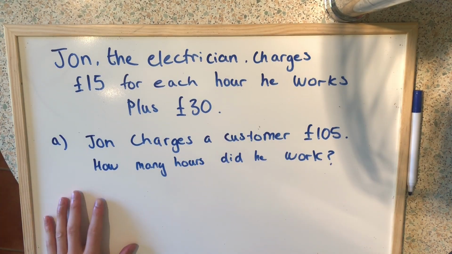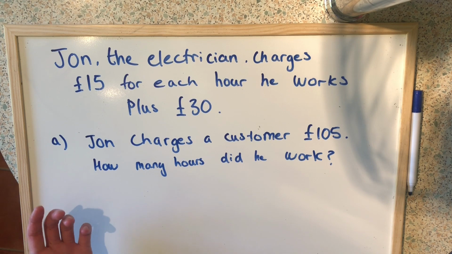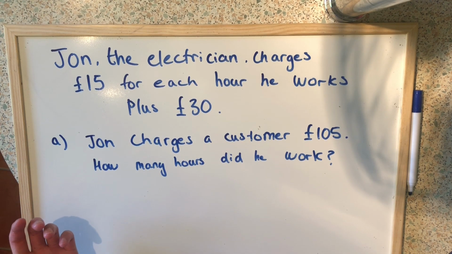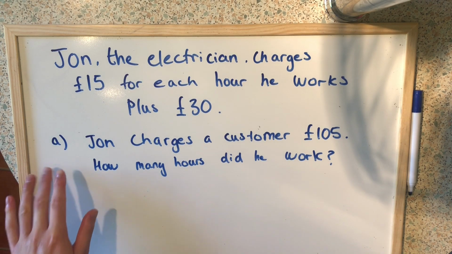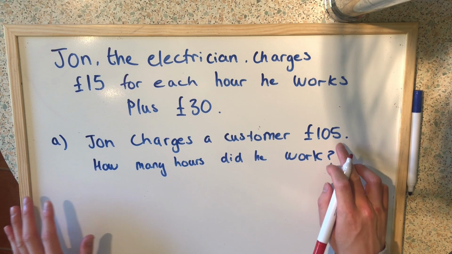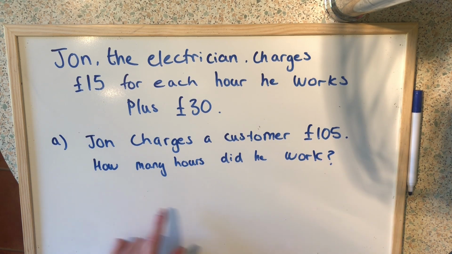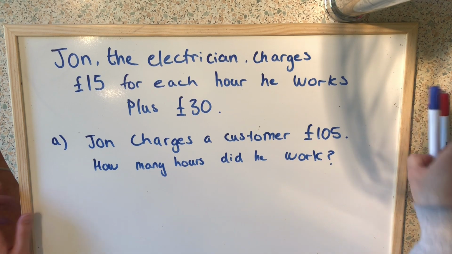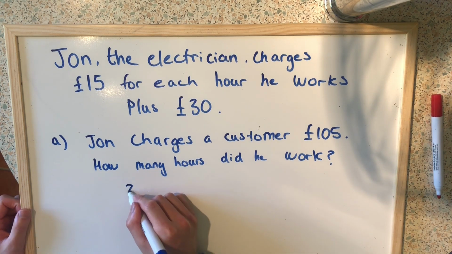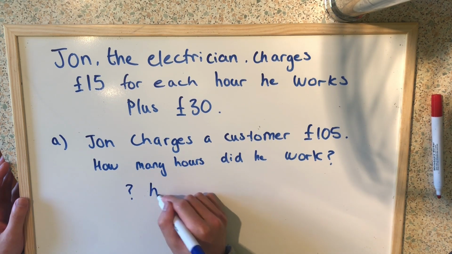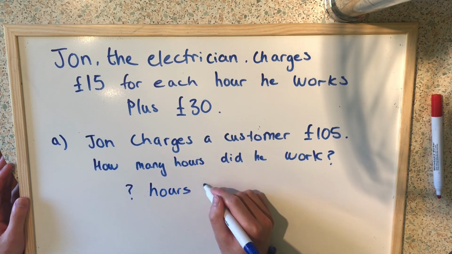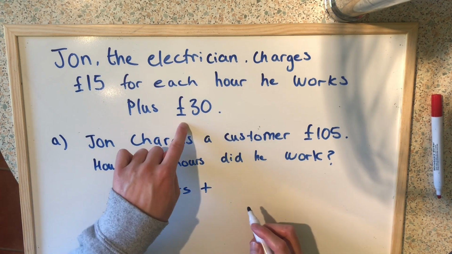So on this question, we've got John, an electrician. He charges £15 for each hour he works, and on top of that, an extra £30. So A, John charges a customer £105. How many hours did he work? Okay, so we know John works some amount of hours plus an extra £30.